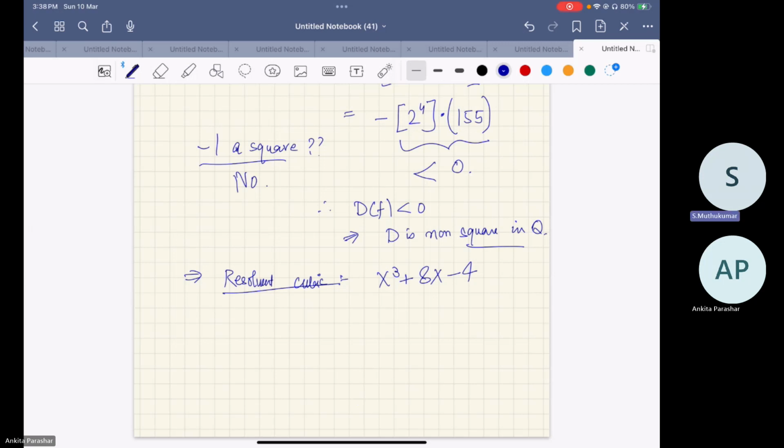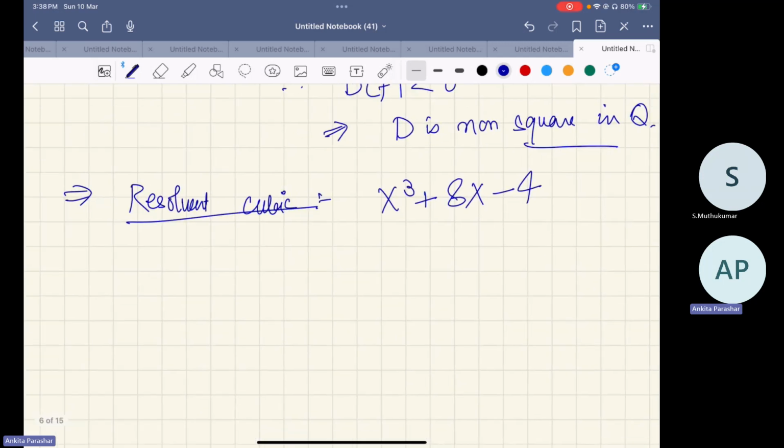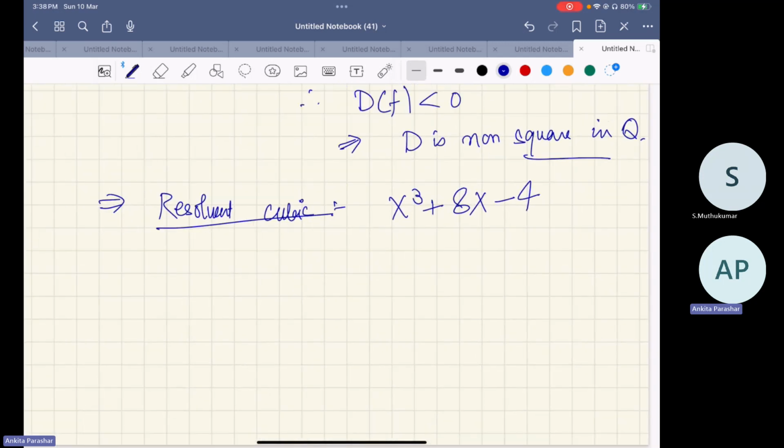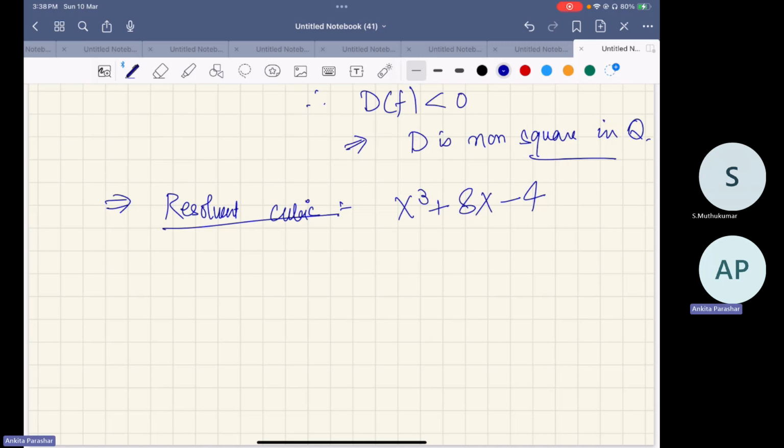Eisenstein criterion. Okay. So what substitution will you use here? Well, clearly you can see that 2 divides 8 and 2 squared also divides 4, or minus 4. So the Eisenstein criterion says as long as you can find it.